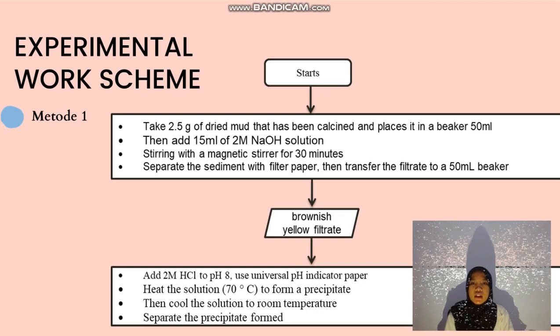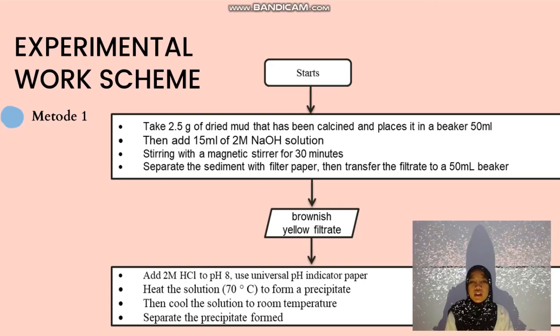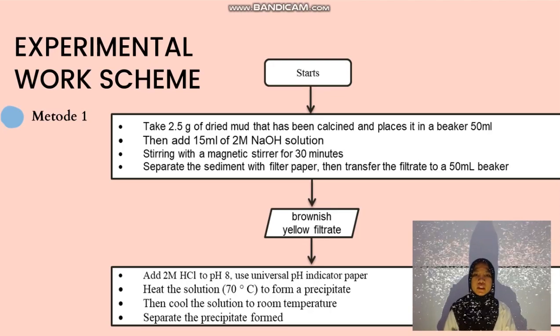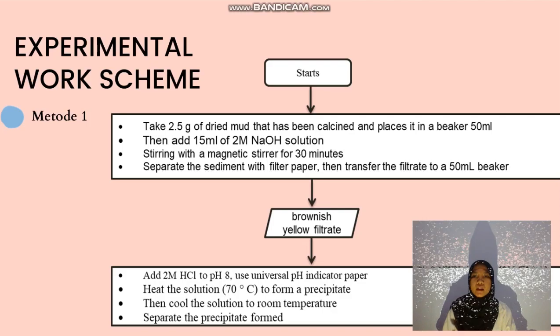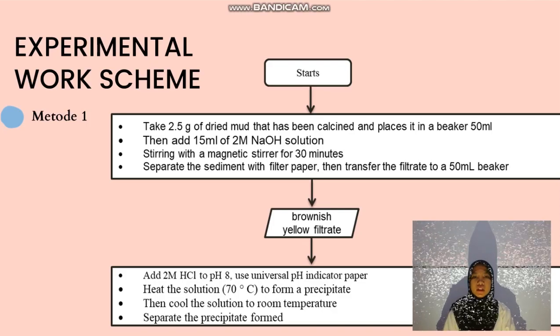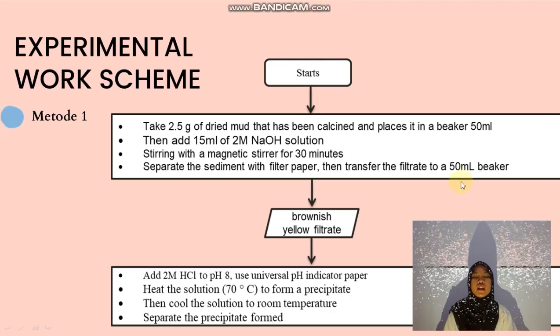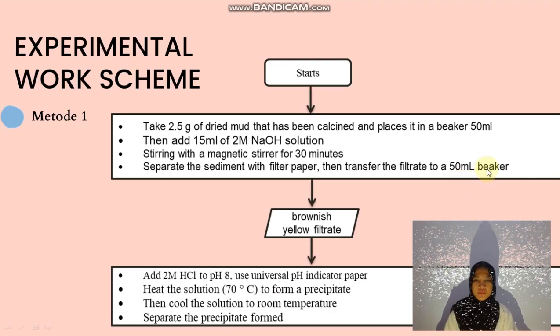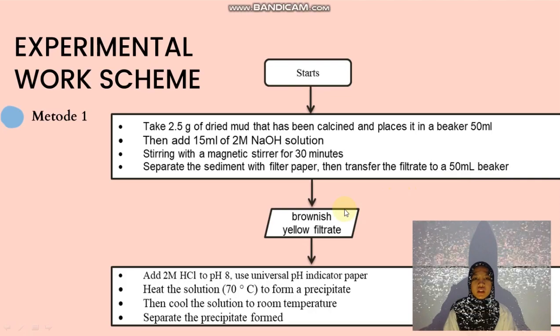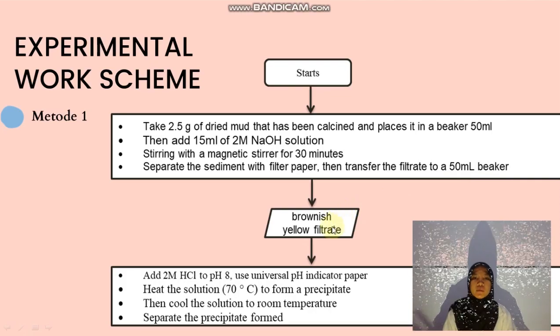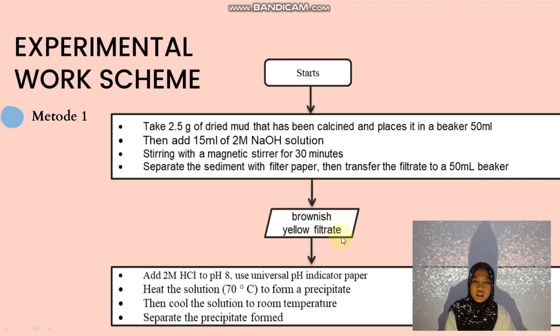Then add 15 ml of 2M NaOH solution, stirring with a magnetic stirrer for 30 minutes. Separate the sediment with filter paper, then transfer the filtrate to a 50 ml beaker. This produces a brownish yellow filtrate.